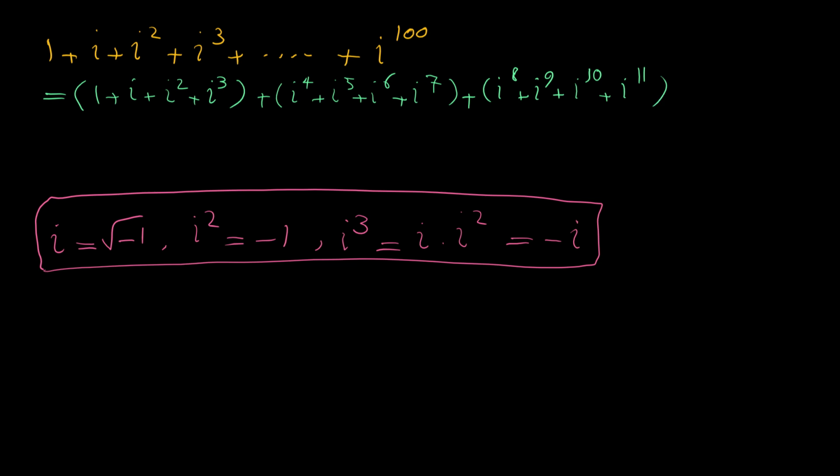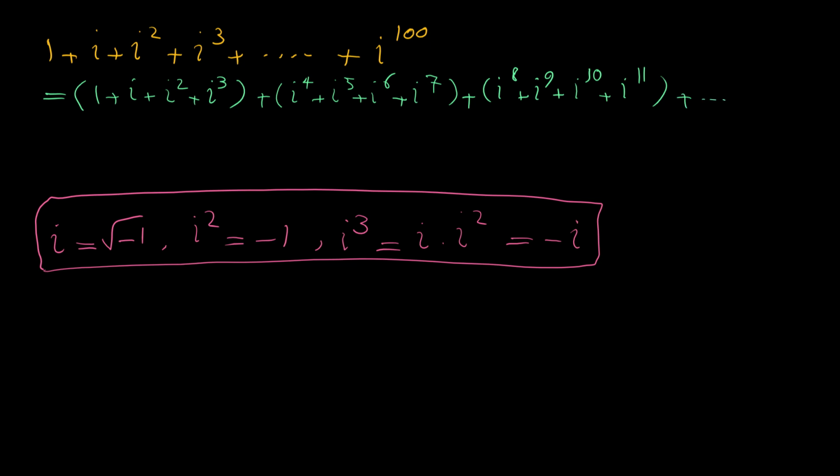Attention, in each bracket we start with i to a power that is a multiple of 4. This one is 4, the next one is 8, the next one here is 12, and so on.